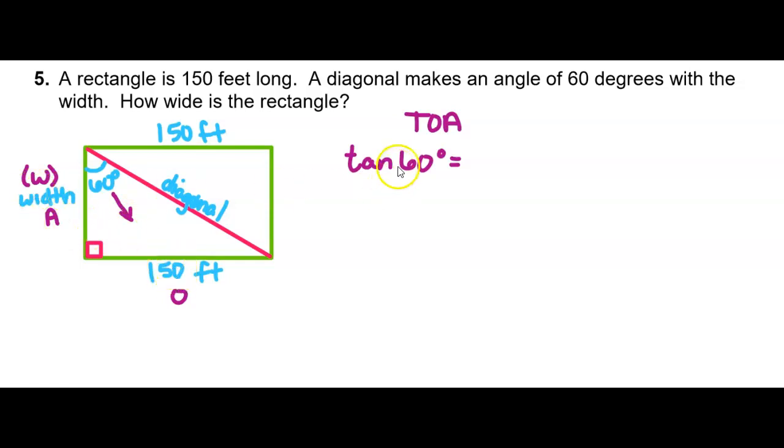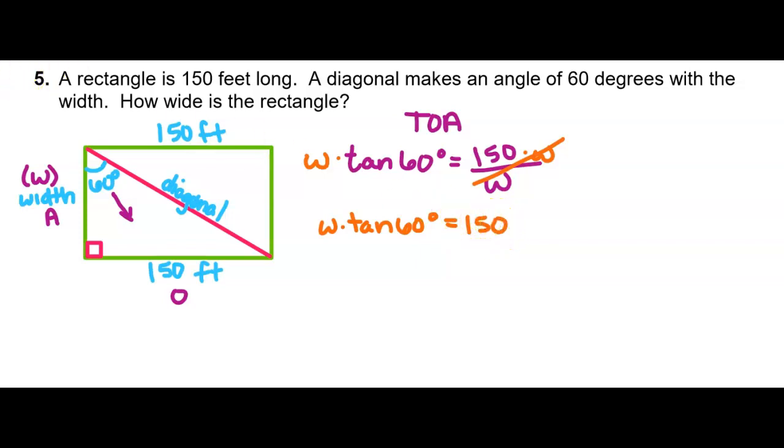So tangent of 60 is opposite over adjacent, which would be 150 over W or over A. And again, to undo dividing by W, we're going to multiply both sides by W. So we'll end up with W times tangent of 60 is equal to 150.